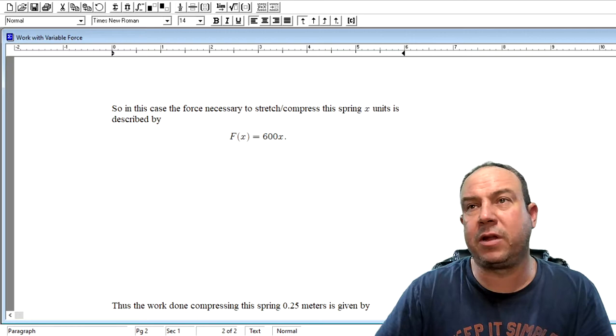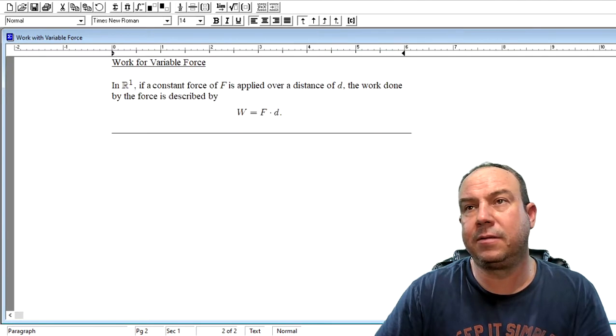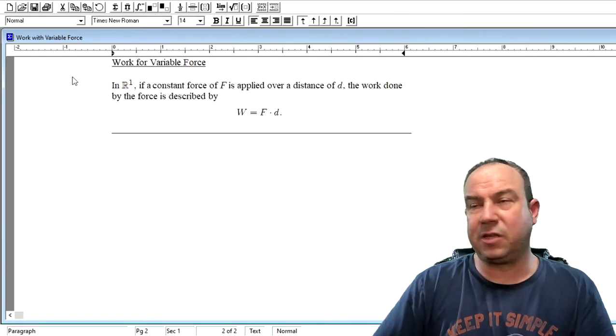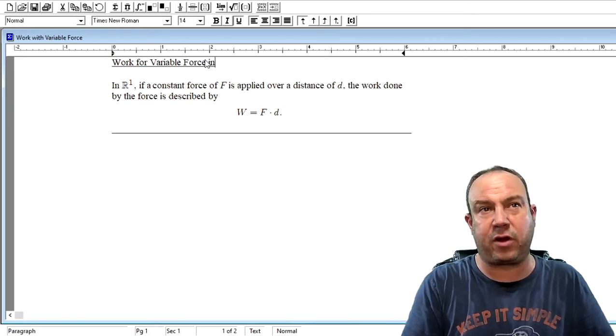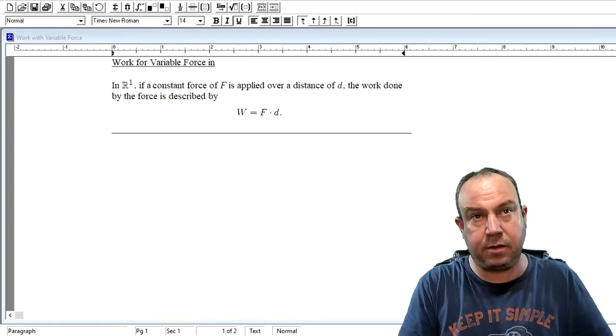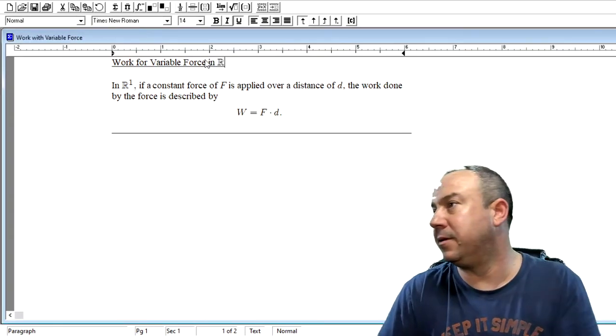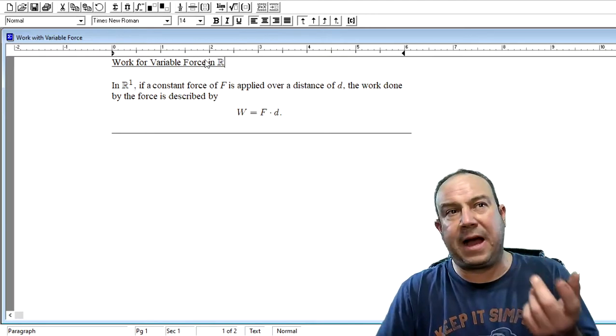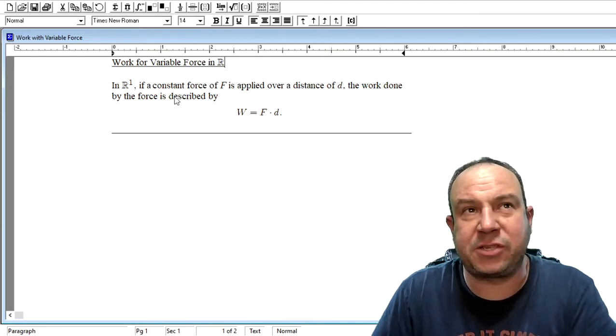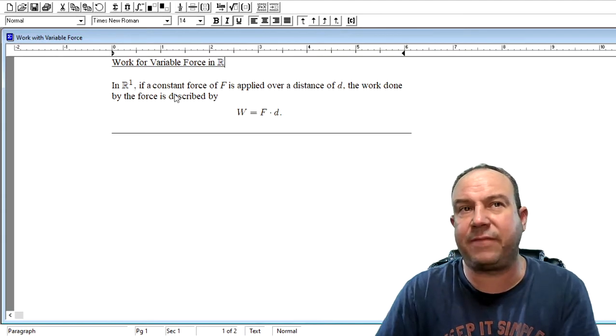The other topic we want to look at is work for variable force. And more specifically, work for variable force in just simply one-dimensional space, where we understand that a constant force of F is applied.